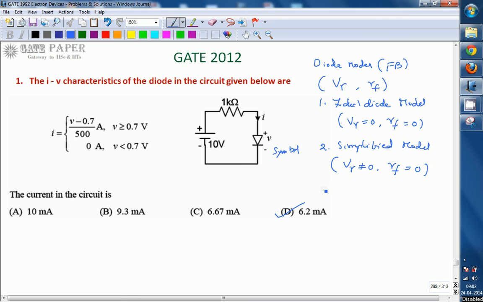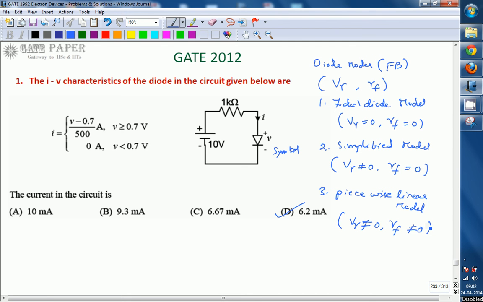Third one is the piecewise linear model, where cut-in voltage is not equal to 0 and forward resistance is also not equal to 0. So based on these three models, which model do we have to use?